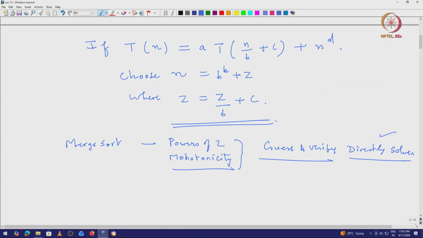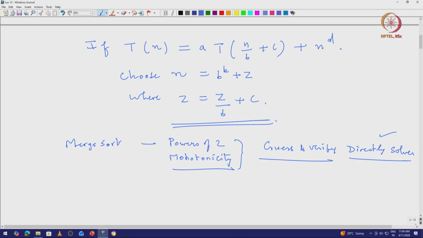In that case you can get upper bound and lower bound by guessing and verifying, or you can get the pattern for a suitably defined infinite sequence, and then you can use the monotonicity to conclude about the order of the complexity function. All those details we have seen for merge sort.